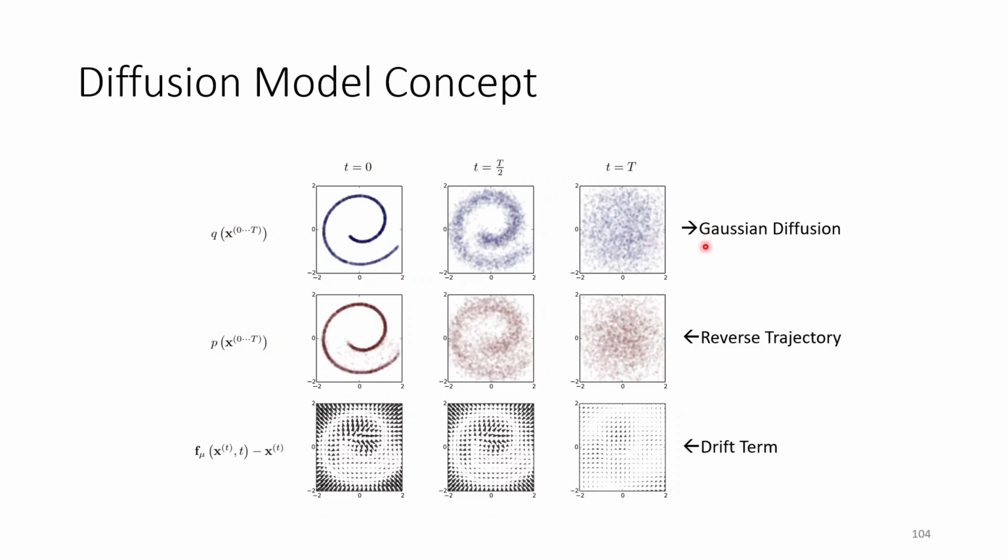This is called diffusion, or the forward process. If we can learn something called a reverse trajectory, then from a noisy image, we can step by step converge it back to an image. So this is diffusion. But the problem is how to learn the model.